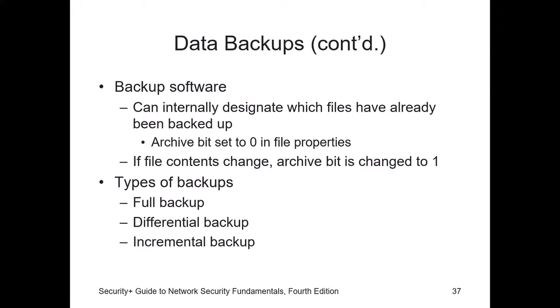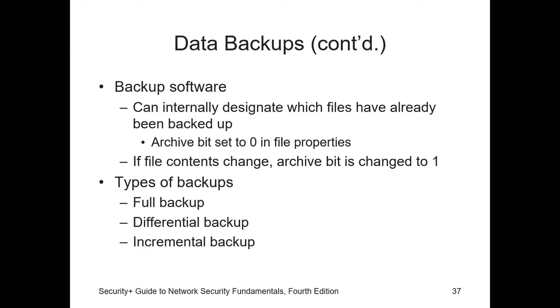When you back up the file, the operating system will change the archive attribute to 0. So if you take a look at the file attribute, and the archive bit is 0, you know that this file has been backed up. If it's a 1, that means it has not been backed up. Okay?